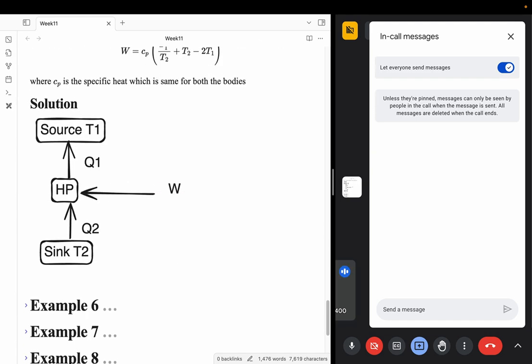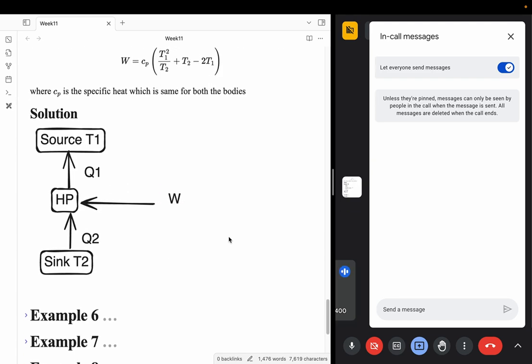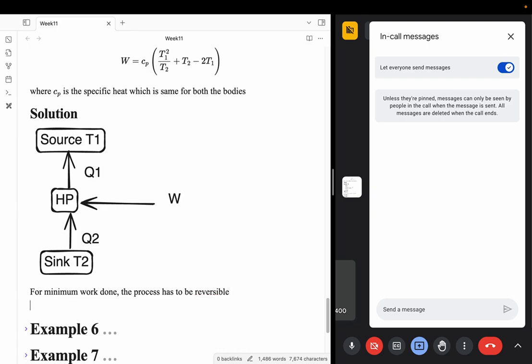With this in mind, how do you derive the relation for work done in terms of T1 and T2? One more thing they are saying is for minimum work done, the process has to be reversible, which is the process happening inside the heat pump.